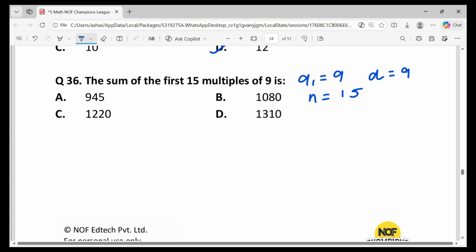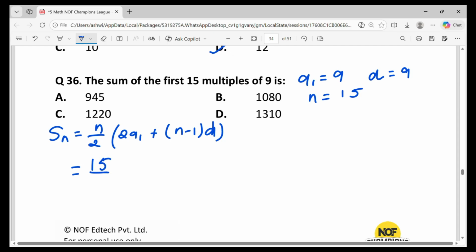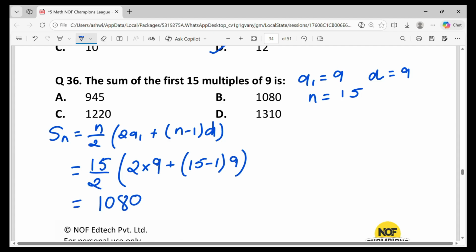The sum Sn is given by n by 2 times 2 a1 plus (n minus 1) d. Substituting the values, we have 15 by 2 times (2 into 9 plus (15 minus 1) times 9), that is equal to 1080. That is option B.